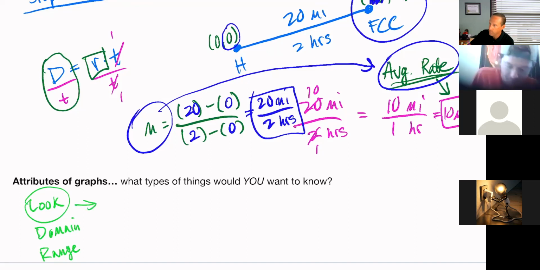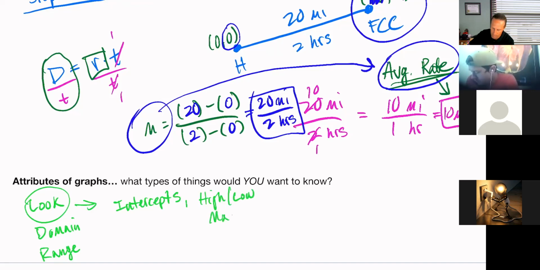The intercepts. Good, good, good. Now we're getting there. Intercepts. Maybe the high and low points. We like to call the max and min. Maybe where it's going up versus where it's going down.